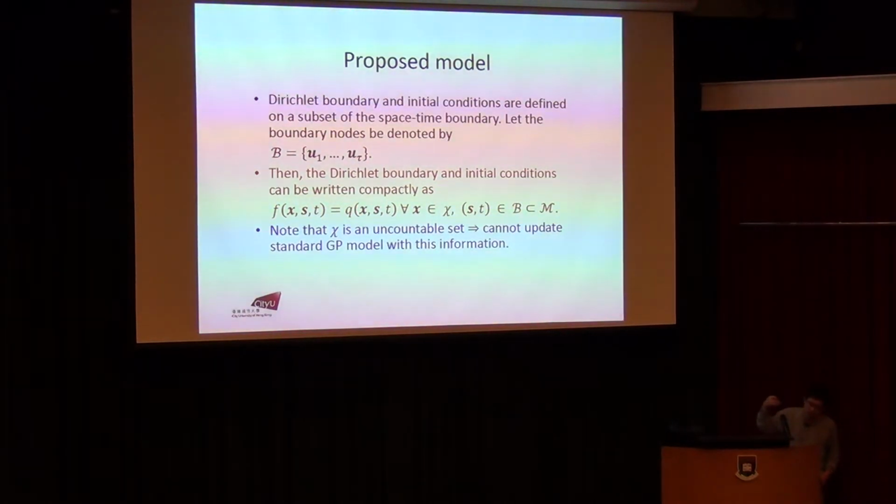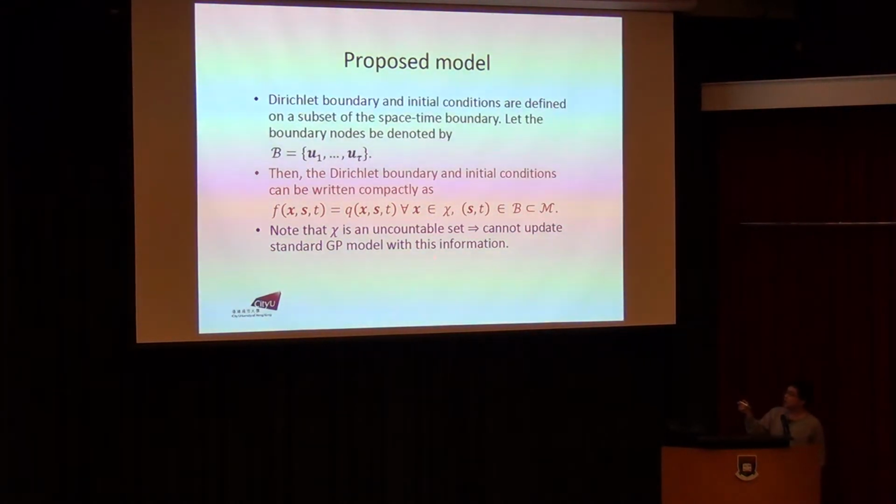So q here is the function that assigns a value to a Dirichlet boundary node according to the Dirichlet boundary condition, and q assigns a value to a node at time 0 according to the initial condition. Because this experiment region chi is an uncountable set, it is often a convex and compact set, like a hypercube.